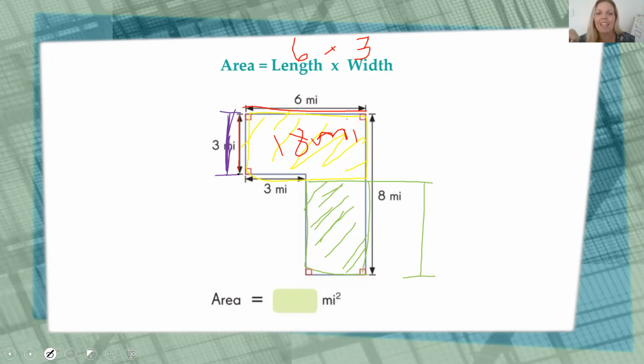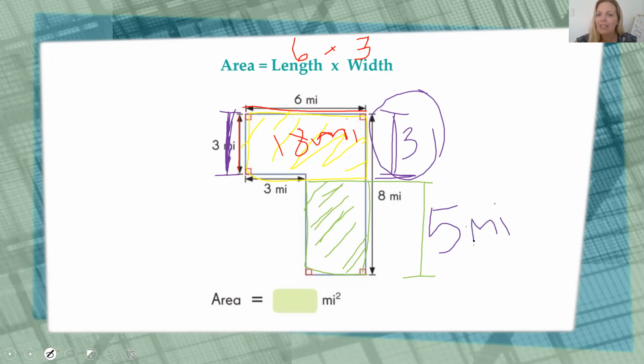So if this measurement is 3 miles, then this side is also 3 miles. Then what I can surmise is that the total length, which is 8 miles, minus this 3, leaves 5 miles.